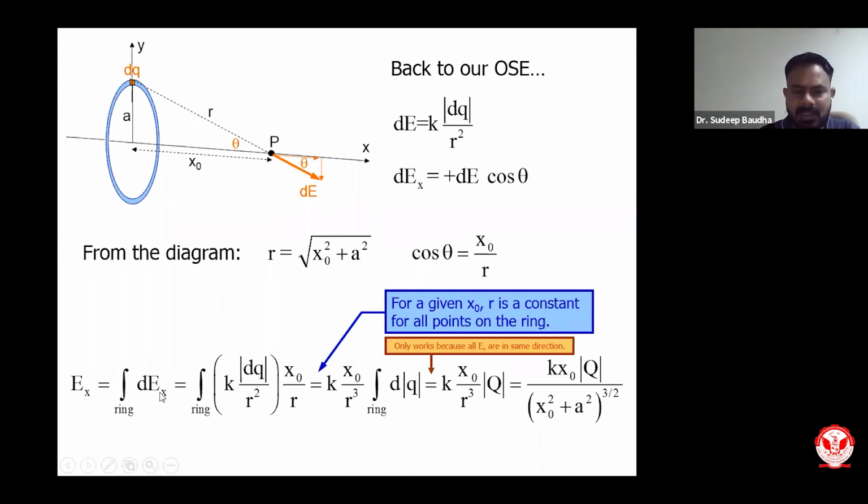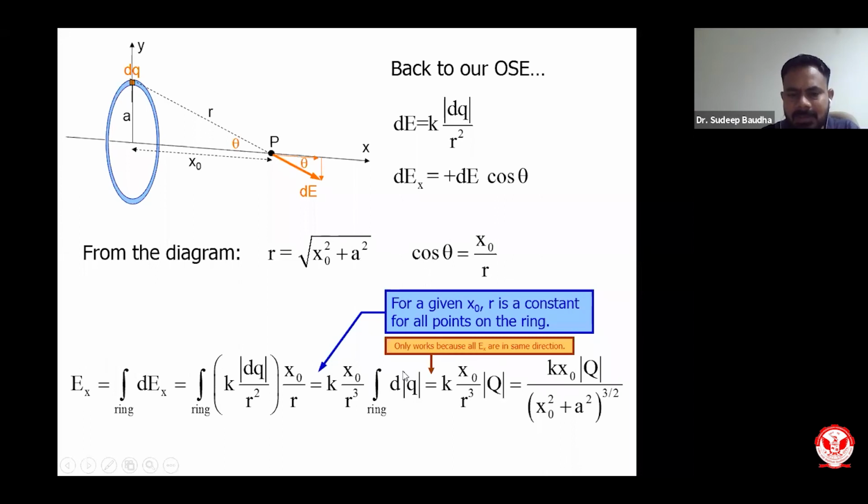So we have dEx, and dEx is nothing but k dq upon r square, times x naught upon r, which comes from cos theta. So you can write k x naught upon r square, taking out the constants: r is constant for a given point, and x naught is also constant. Now dq across the ring.